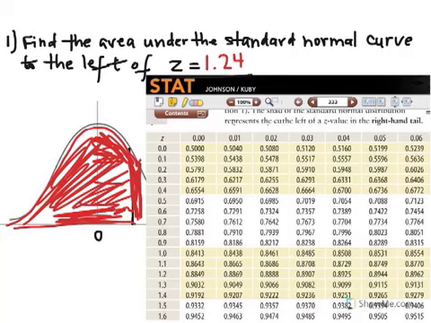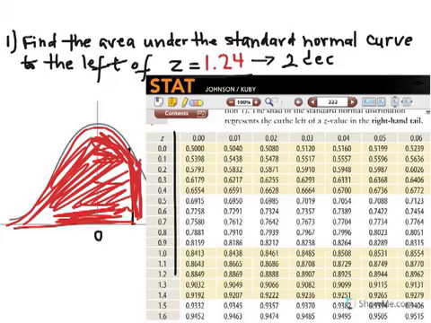Look here, we have the z-score right over here on top. Since we know that the z-score has two decimals, we're going to have to match the rows of the z-score with the columns. The z-score is located in the margins, right?